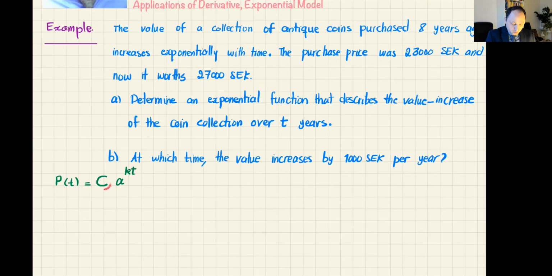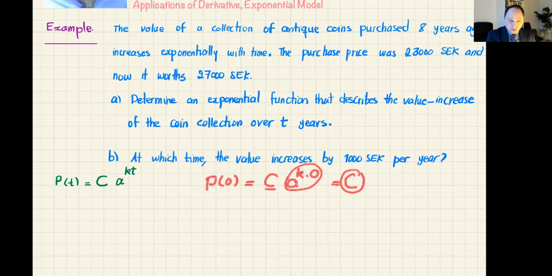Of course, if I ask you what is c, hopefully you remember. If I write p of 0, what will happen? It becomes c, a to power k. I need to replace t with 0, so this becomes a to power 0. It becomes 1. When you multiply it by c, it becomes c. So if someone asks, what is the interpretation of this constant?